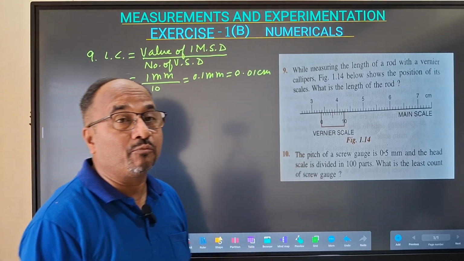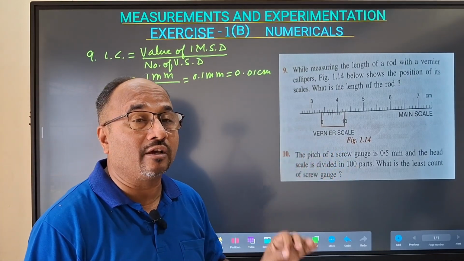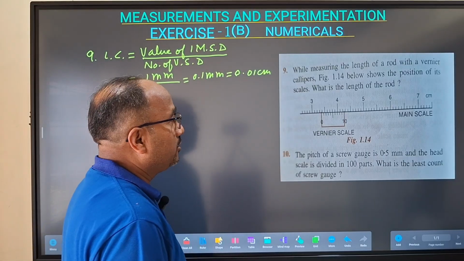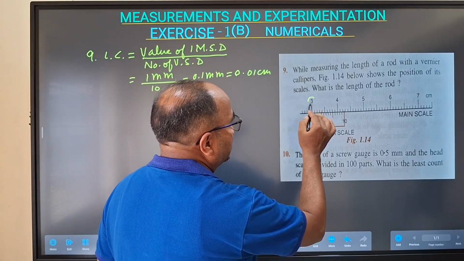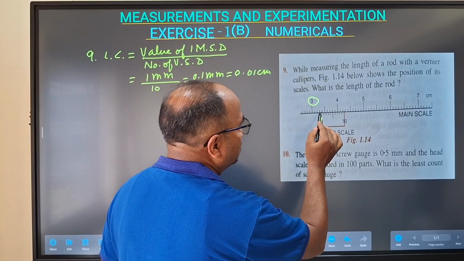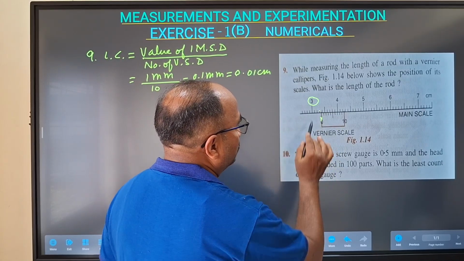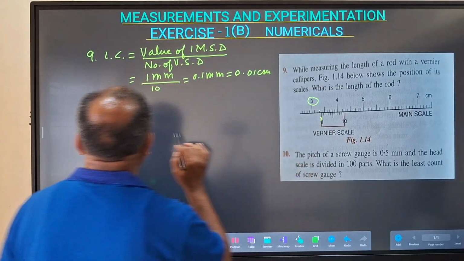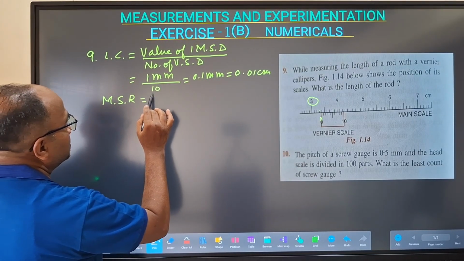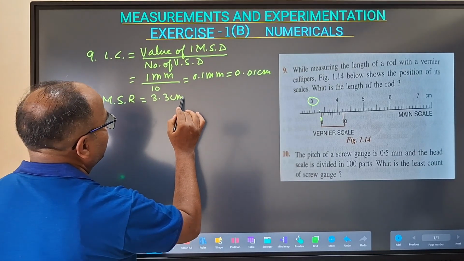Now the next important part is to take a look at the main scale reading and the vernier scale reading. So take a look here. This is 3 and this 0 of the vernier has crossed this value, which is the third one. So our main scale reading becomes 3.3 centimeter.